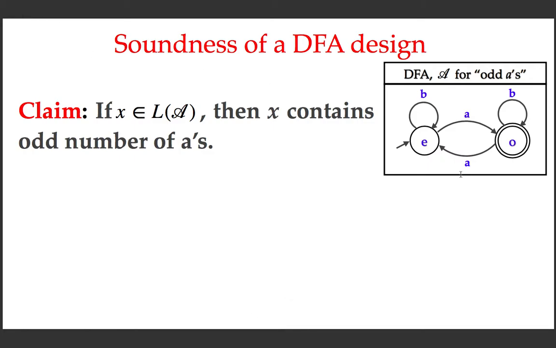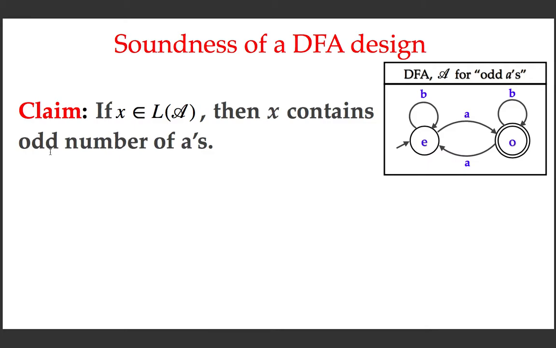Given an example DFA like this, the one for odd number of A's, what is soundness? If you recall, soundness is this: if X is a string in the language of the automaton, then X contains an odd number of A's.